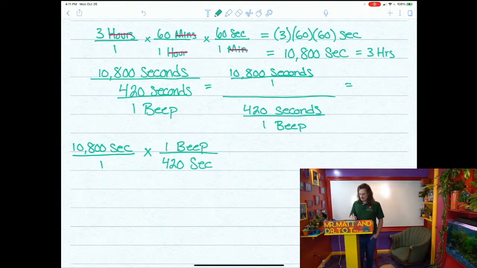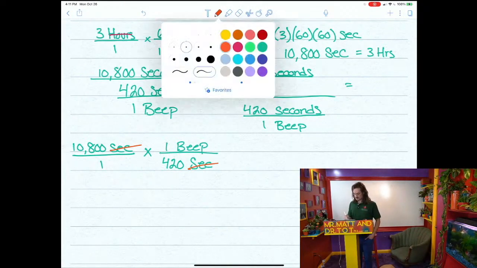Notice that seconds will cancel with seconds, and now I'll have an answer in terms of beeps, and that's exactly what they asked me for. They asked me how many beeps over the next 3 hours, how many times will they beep together, or in other words, how many simultaneous beeps will you hear.